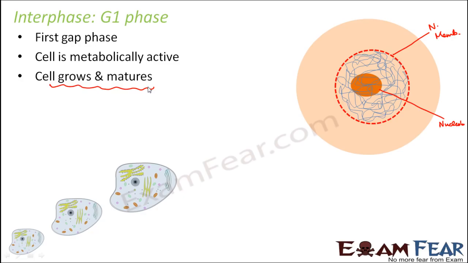Similarly here, the cell needs to increase its mass to prepare itself for cell division. So this is the G1 phase or the first gap phase. Here the cell does no cell division, nothing. It is just that all metabolic reactions take place inside the cell and the cell gradually becomes mature so that all the cell organelles are there in the cell and the cell can go ahead.